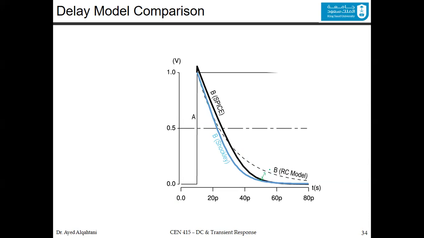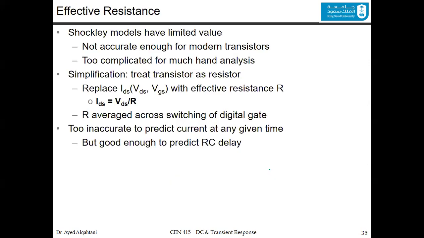So now we will try to calculate the resistance and also the capacitance. And after finding the resistance and the capacitance, we will give you certain examples to find the delay, to give you good experience in finding these RC delay models for different circuits. So the effective resistance: the Shockley model has limits.